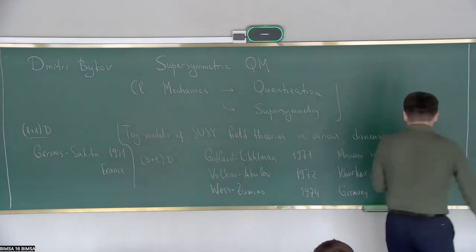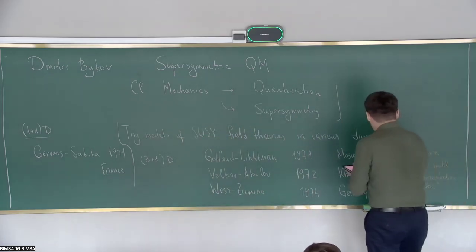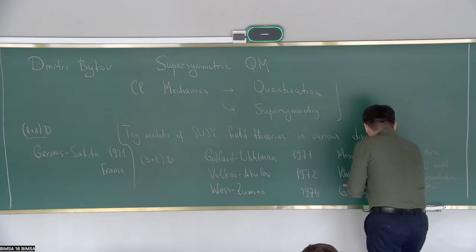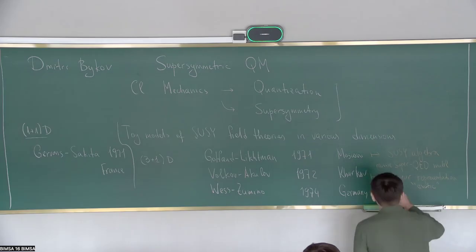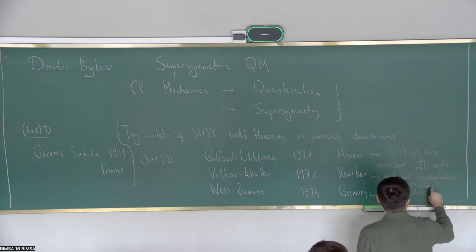And Wess and Zumino, so first they discovered what is called the Wess-Zumino model. So it's some kind of self-interaction, interacting with a scalar field.